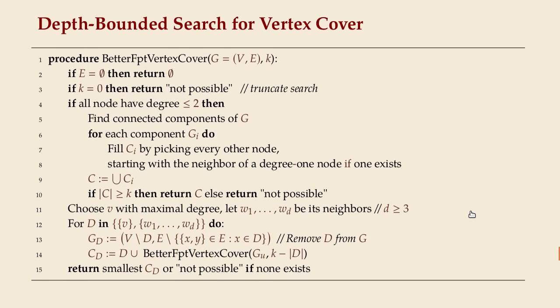I forgot to show you that I also wrote down the vertex cover algorithm for these 2 simple rules that we just had. But you see there's a lot of prose in between. So this is my algorithm for finding the optimal vertex cover in the max degree 2 graphs, which is pick every other node. It's a bit sketchy, but it would be easy to fill out the details.